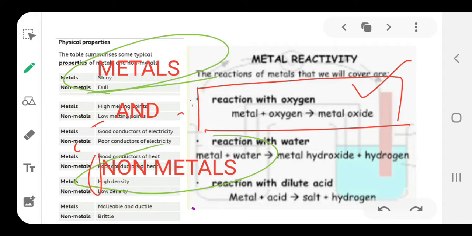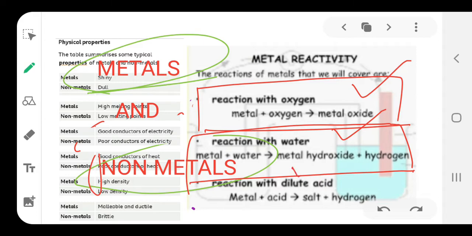In case of metals, when they react with oxygen, just see the general information. Metals react with oxygen to form metal oxide or metallic oxide. Write it down. Similarly, when metals react with water, they form metal hydroxide and hydrogen gas.